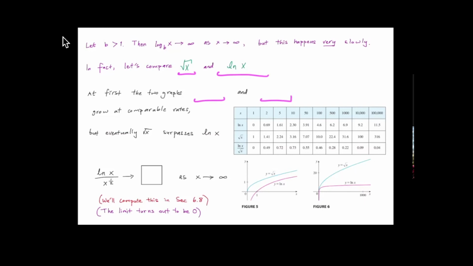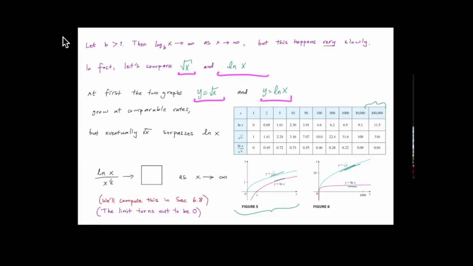So here I have a table of a few values of the graph y equals square root of x and y equals natural log. At first, when the value for x is not very big, the two graphs grow at similar rates. But eventually, as your x gets really large, we see that the square root function grows much faster than the natural log.